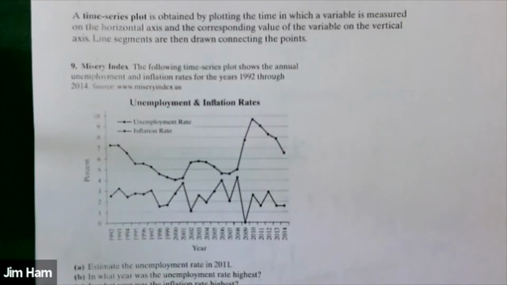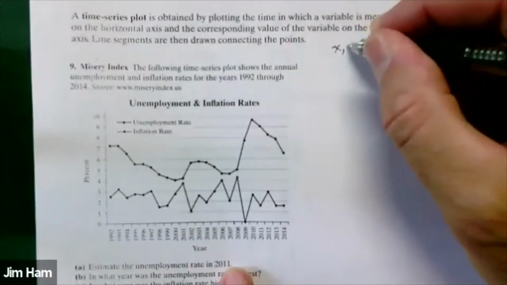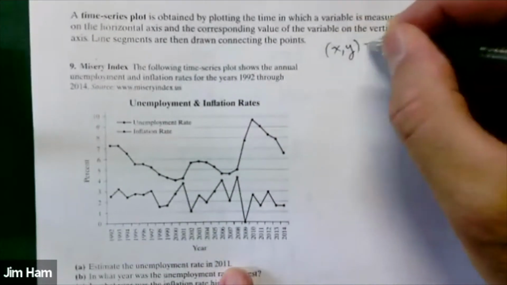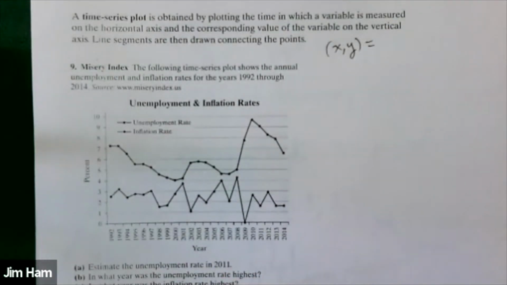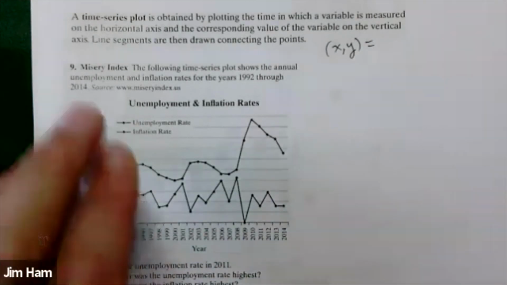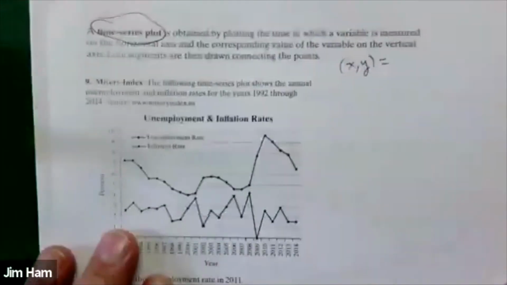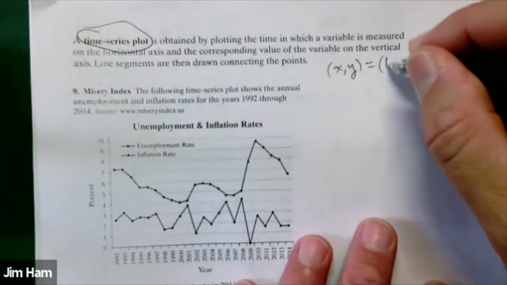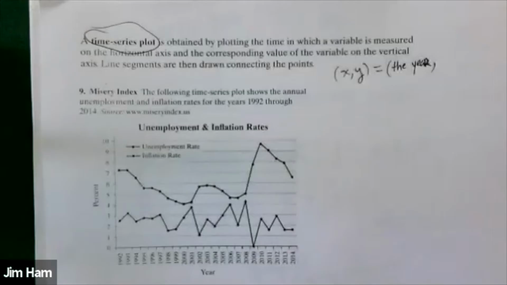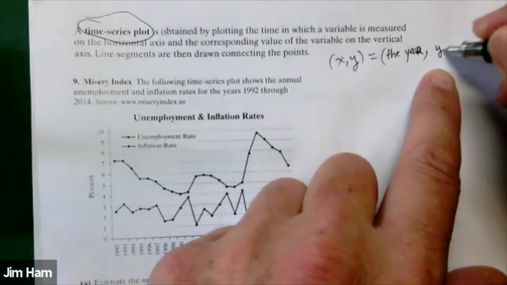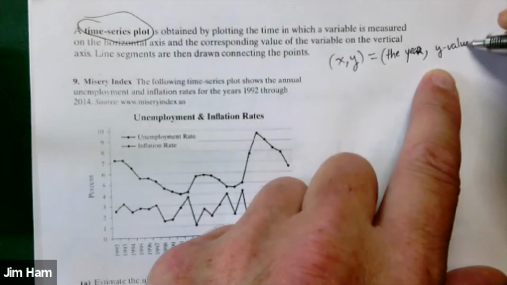Okay, and the third type of graph that we're going to do today, the XY graph, will be time series. And what you do is you're not going to be adding any additional points here. You're just going to plot a bunch of points and connect them together. What's key here for a time series plot is that the x-coordinate will be the year, and the y-coordinate will be some y value.